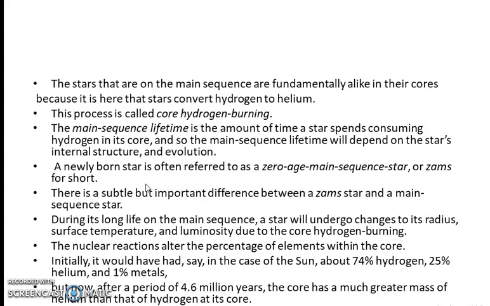So for all main sequence stars, hydrogen is converted into helium, and the process is called core hydrogen burning. And the main sequence lifetime is the amount of time a star spends consuming hydrogen in its core.